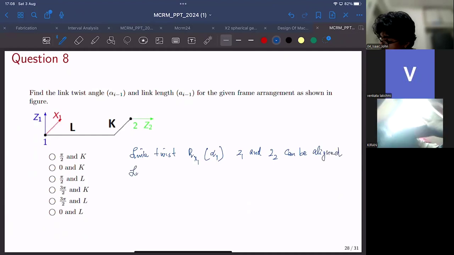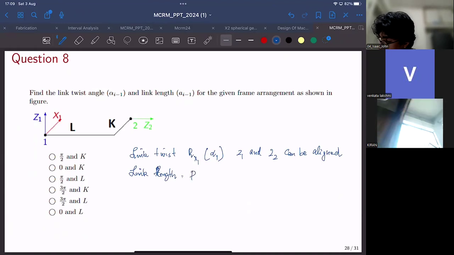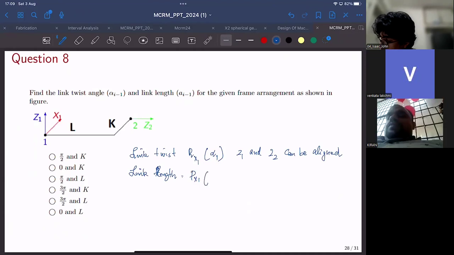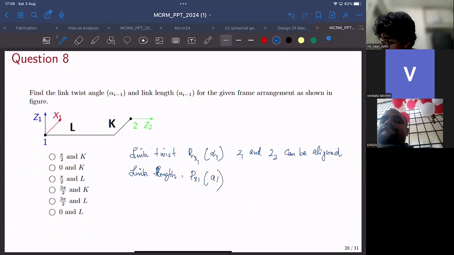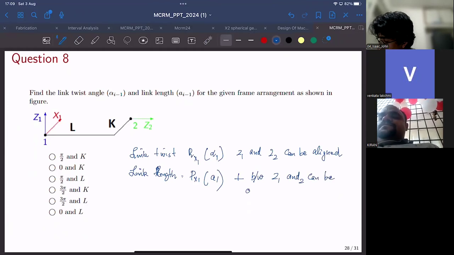And link length would be the translation along x1 by maybe a1, so that the perpendicular distance between z1 and z2 can be accommodated.